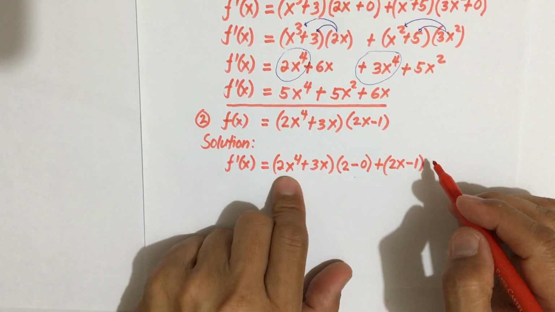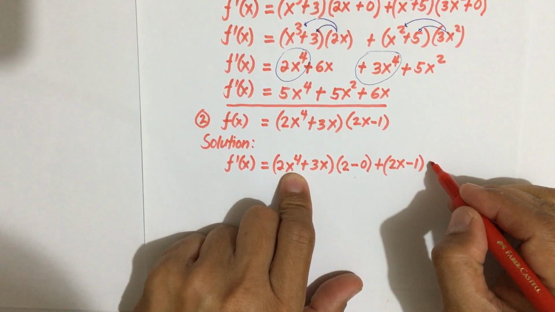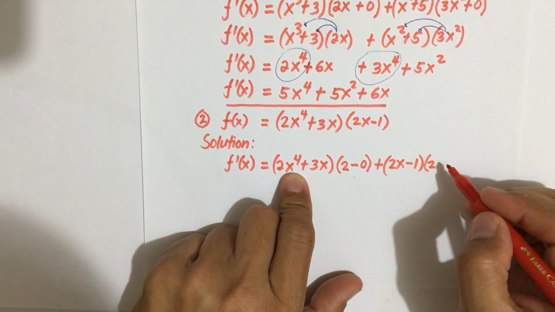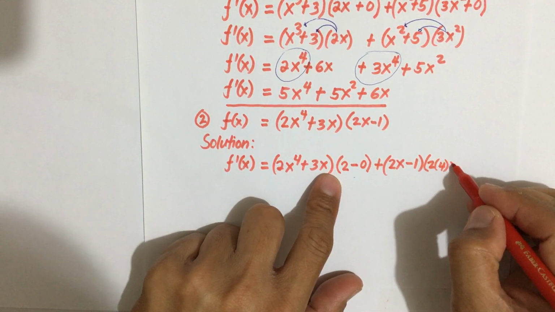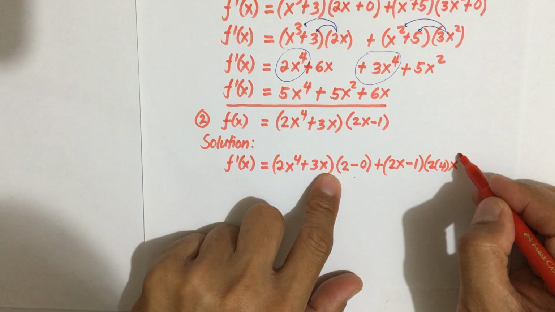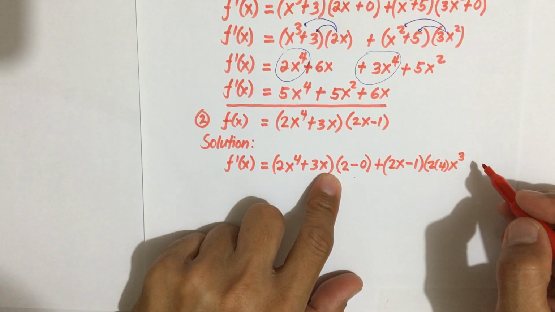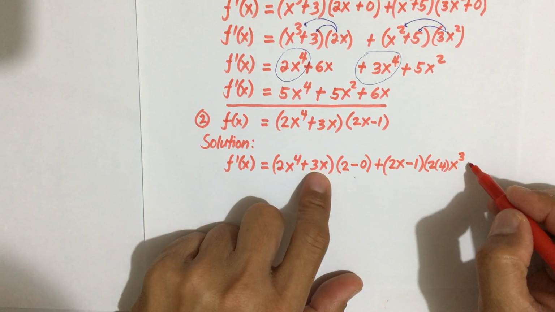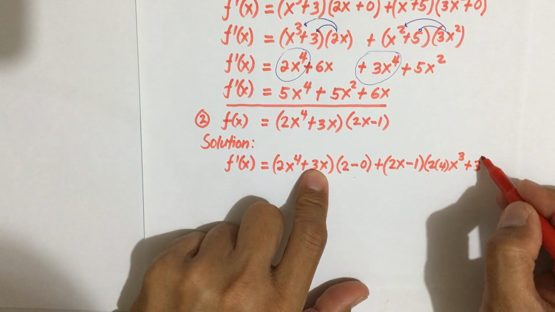Derivative of this, we have 2, and then this power will go down, 2 times 4, then you have x to the power 4 minus 1, so that becomes 3. Then plus the derivative of 3x, that is equal to 3.